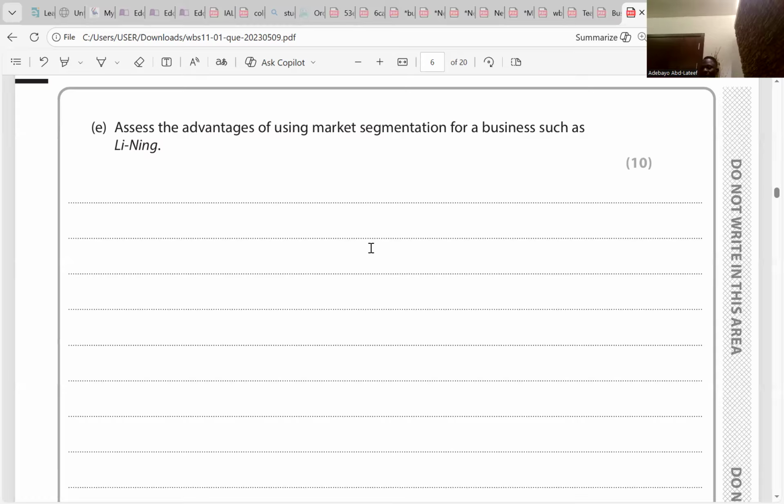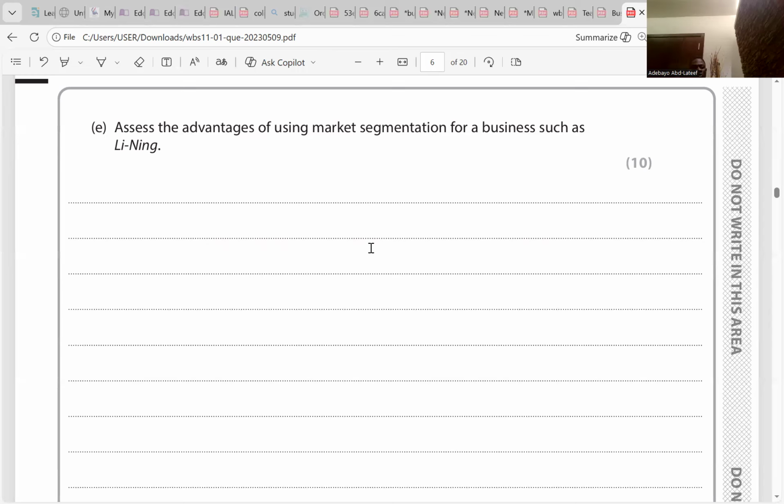The second one, market segmentation allows businesses such as Li Ning to focus on the needs of specific customers. And this may in turn increase customer loyalty. We said market segmentation simply means you are dividing the market based on characteristics of customers. Yes or no? Okay.